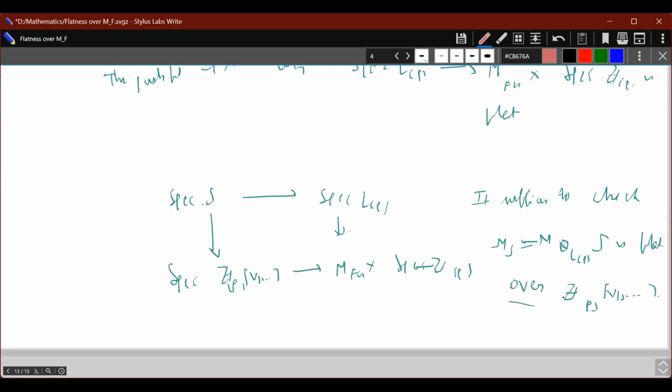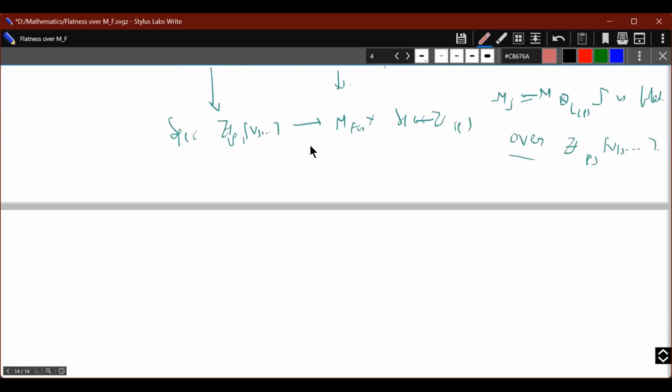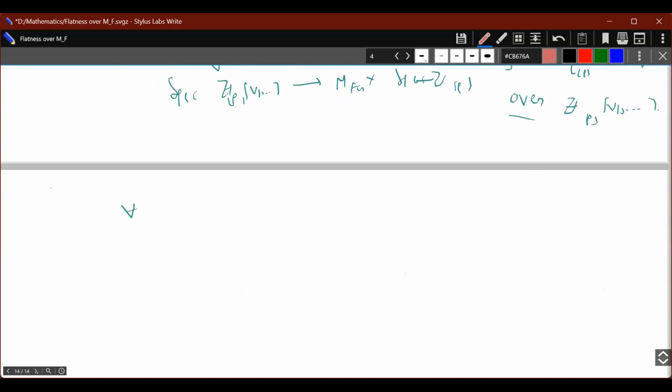So now how do you think about it? I can translate it to this flatness condition. So that means for all mod P, Tor equals 0.